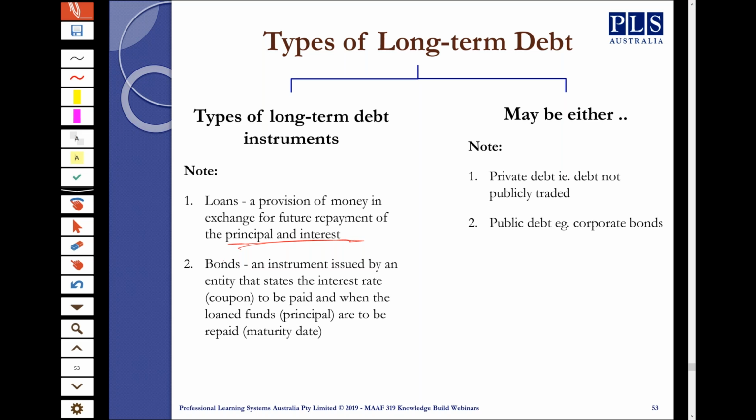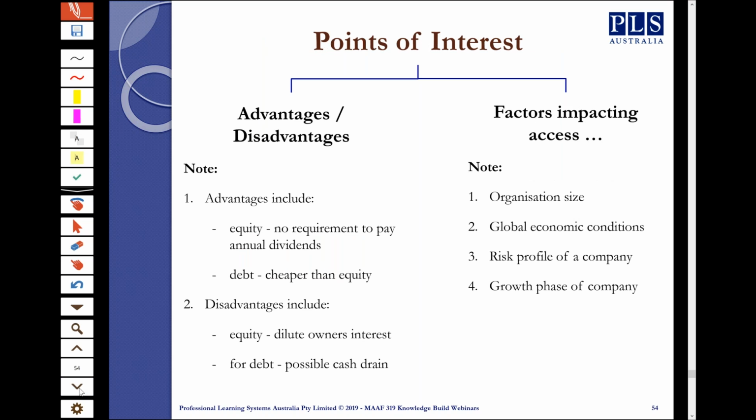As you build that through, however, you'll find that the extension of that then becomes a logic with respect to your determination of the points of interest that you would consider. So you've got advantages and disadvantages. Advantages of equity, no requirement to pay annual dividends; debt is cheaper than equity. Disadvantages, equity looks to dilute the owner's interest, and from a debt perspective, it's the possible cash drain.